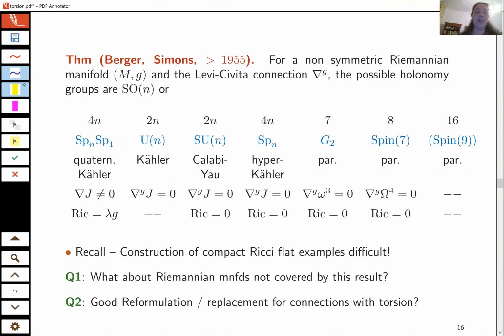And now let's have a look at the most important theorem on holonomy, namely Berger's holonomy theorem.